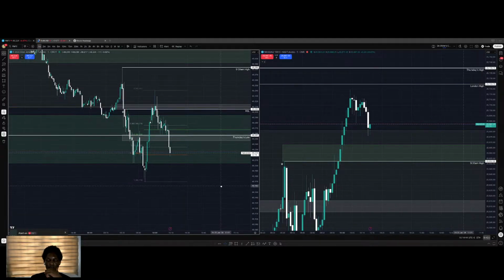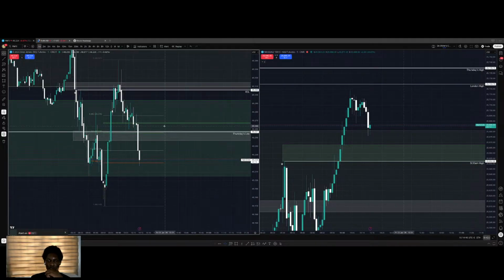So right now we are at OT, you want to see if we'll get an inversion yet.